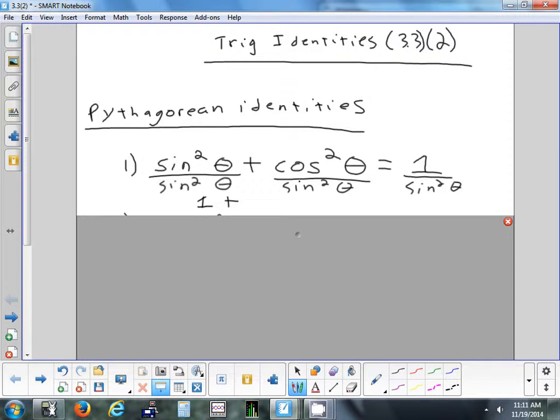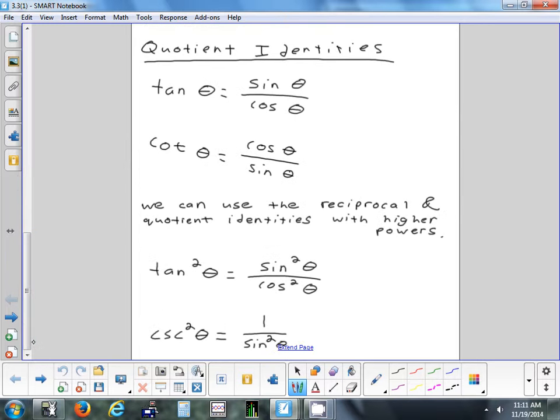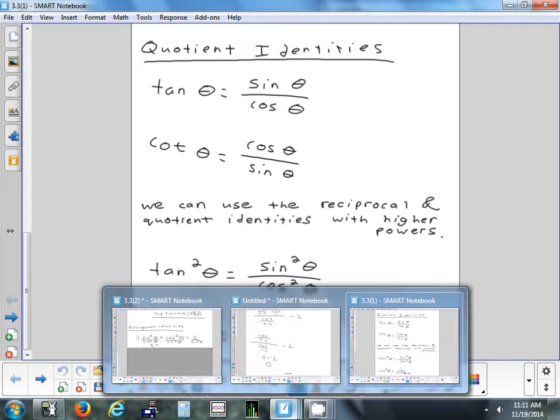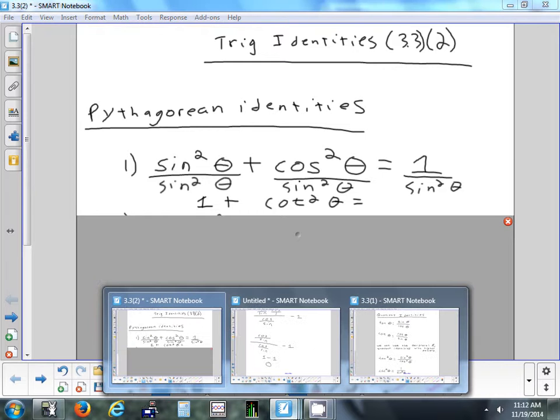Now this we talked about yesterday, cosine squared over sine squared. We don't have an identity for that directly, but I did mention that you can use those identities with higher powers. So what do you think cosine squared over sine squared would be? Cotangent squared. Yep, it's cotangent squared. And let's look at one more. We have 1 divided by sine squared.